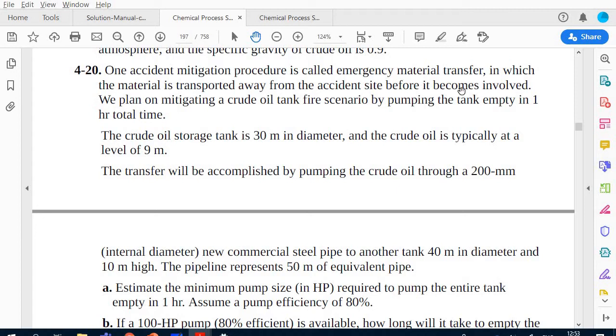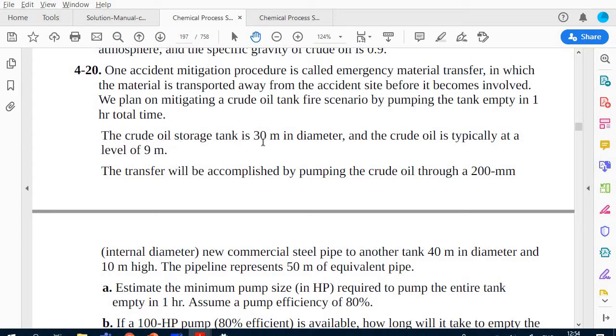So there's a danger on that storage tank. We know we need to take everything from that storage tank to another storage tank. So we plan on mitigating a crude oil tank fire scenario by pumping the tank empty in 1 hour's time. So in 1 hour, before the fire gets to this crude oil storage tank, we want to shift it to another crude oil tank.